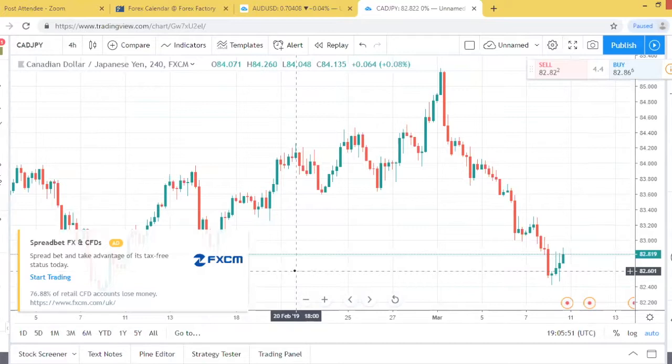So, again, we had our expectation filled, but unfortunately, we didn't have a fill or an entry into our trade position. So unfortunately, the CAD yen didn't fully meet the expectation in that essence.